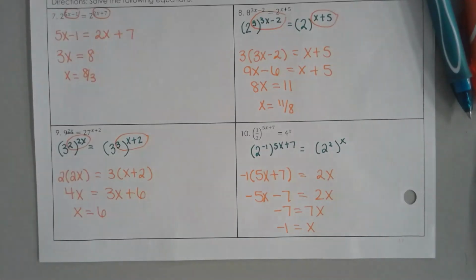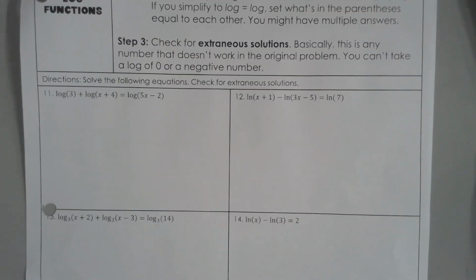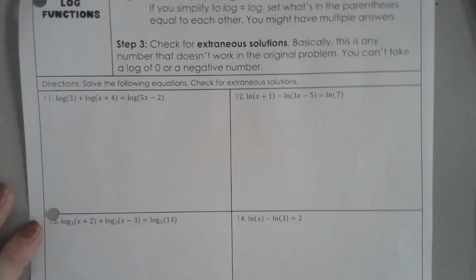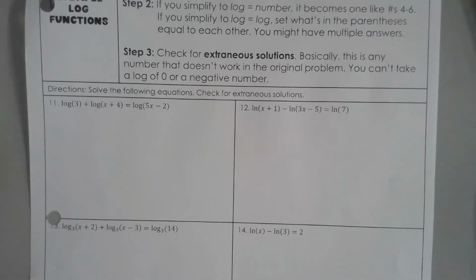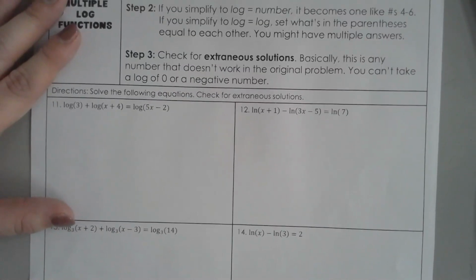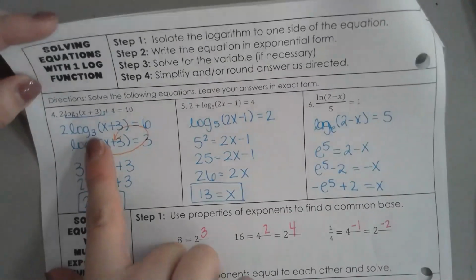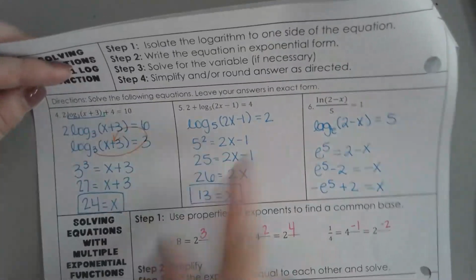Now the last type of problem is the most complicated, just because there's some extra steps that you have to do. If you have multiple logs, the question that we did up here, you only saw a log one time.